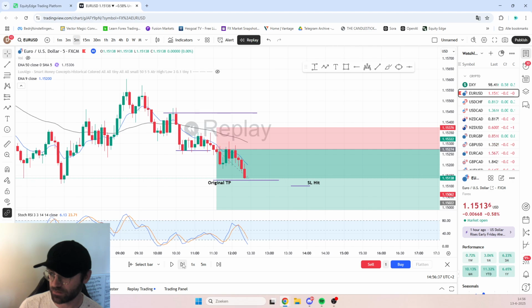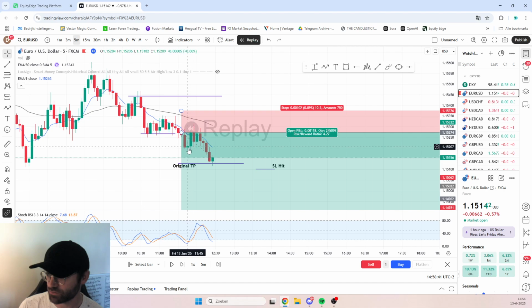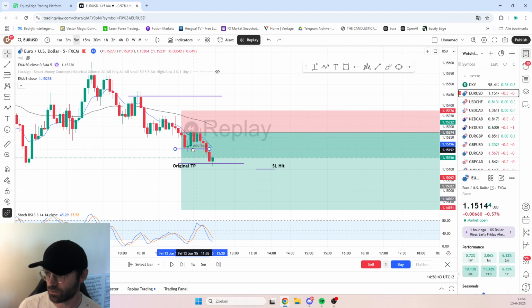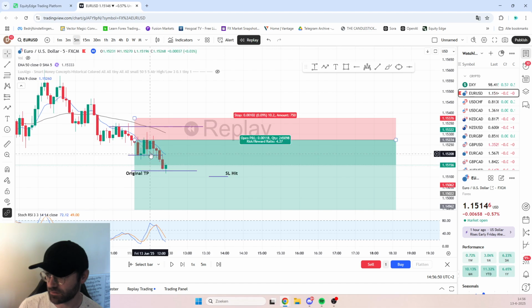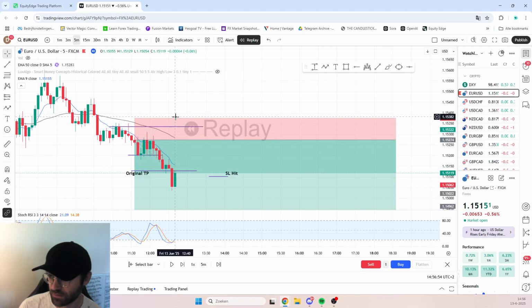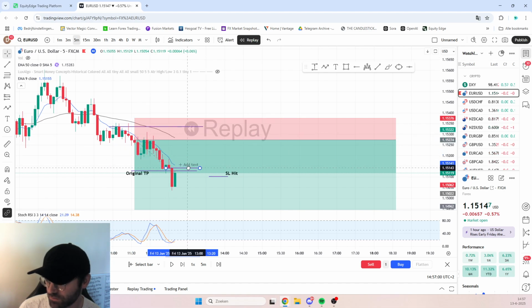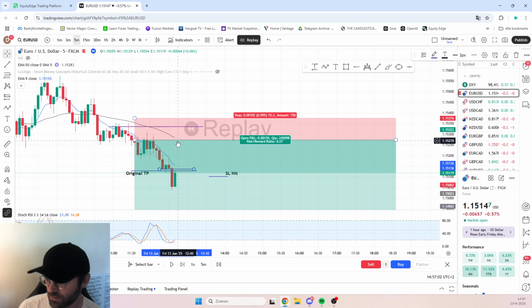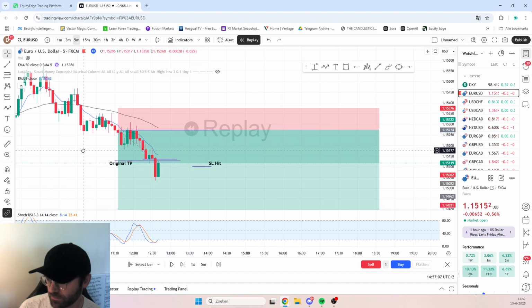So what ends up happening, it creates a new lower low here, creating a new lower high here, and then breaking it again. So it's forming a nice structure where, oh, my TP is a little bit in the way, but yeah, nice little structure where this is now the new lower low, and this is the new lower high.